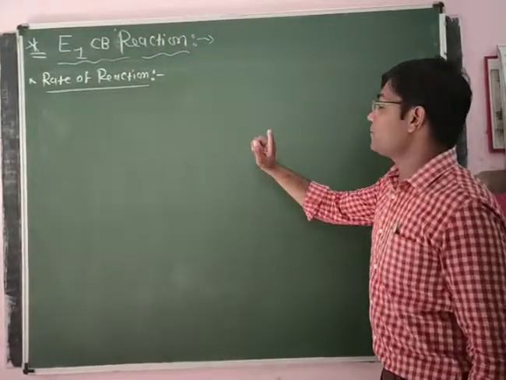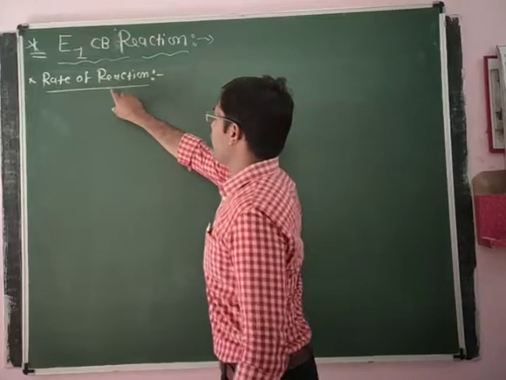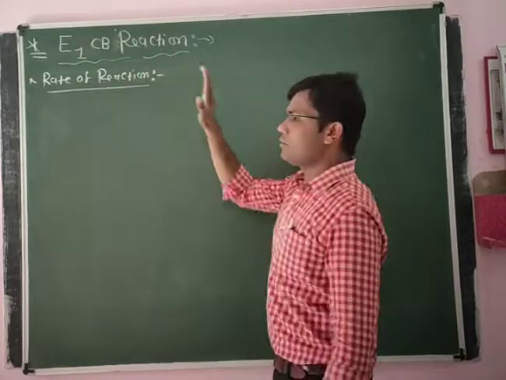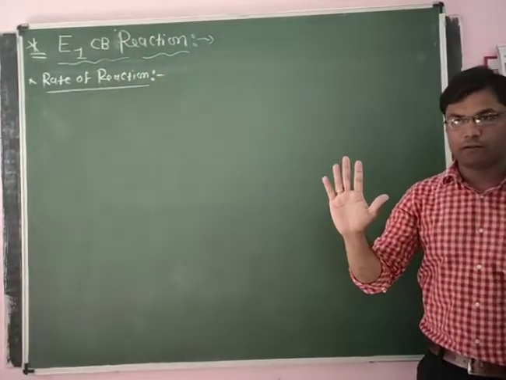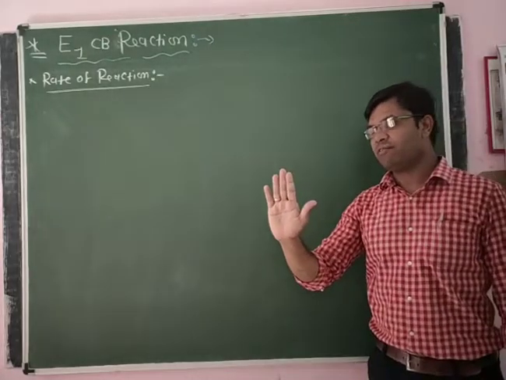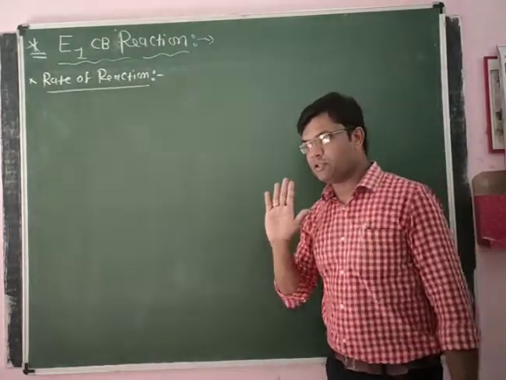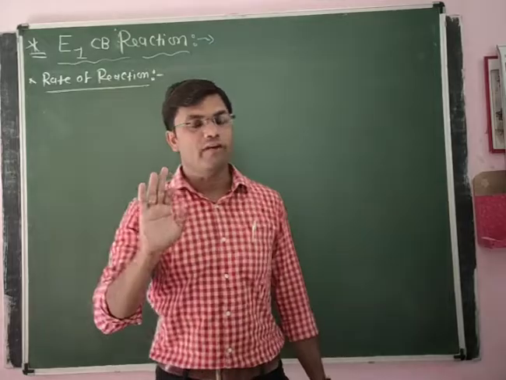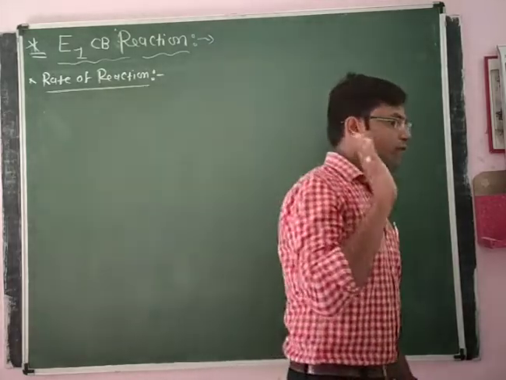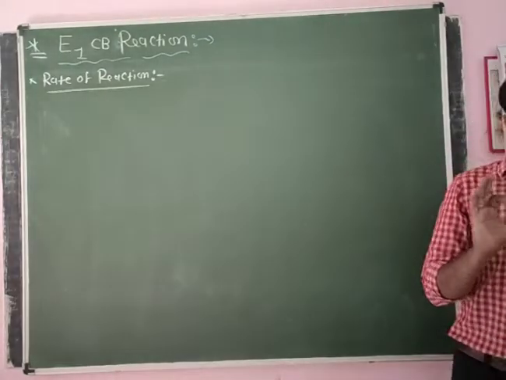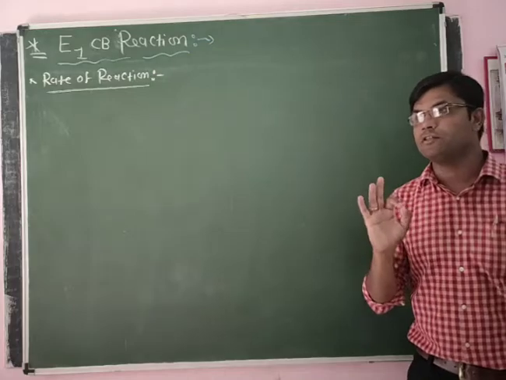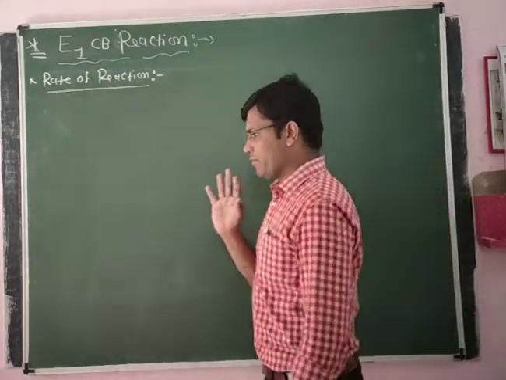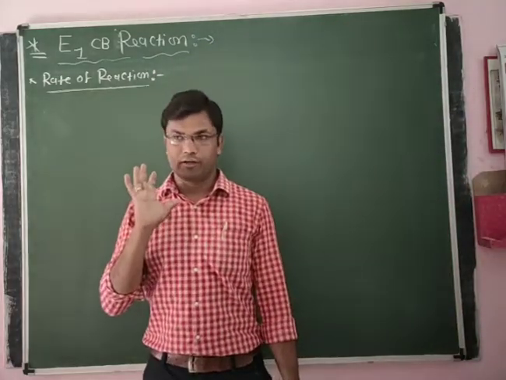So now we discuss the rate of reaction regarding the E1CB reaction. We have already discussed the first step is the fast step, because it is an acid base reaction, and an acid base reaction is always fast, so it is not the rate determination step. And the second step, removal of leaving group, is the slowest step, and it is the rate determination step.